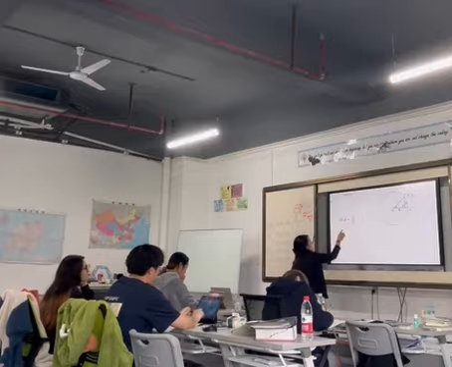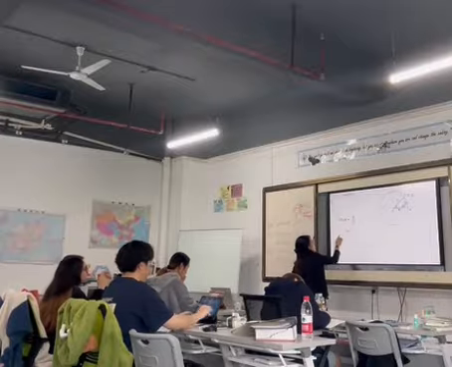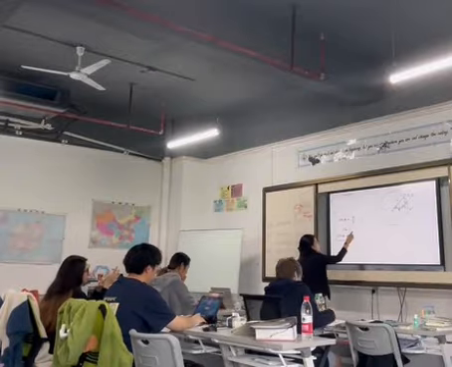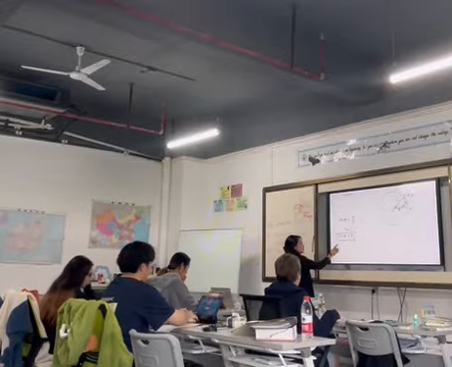But since this is a unit circle, r is equal to 1. So sine theta is equal to y. Follow? How about cosine theta?